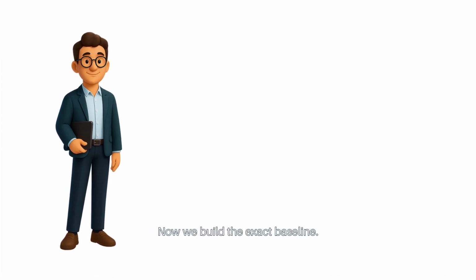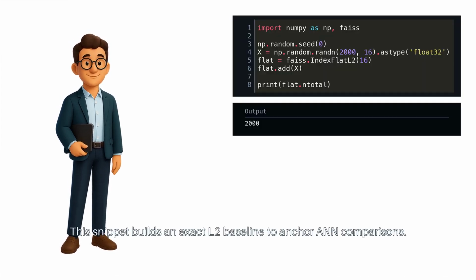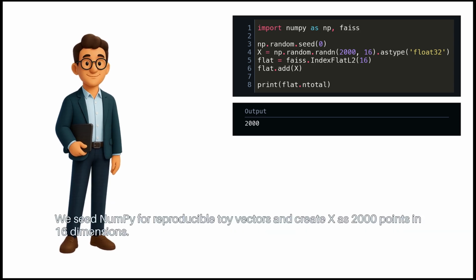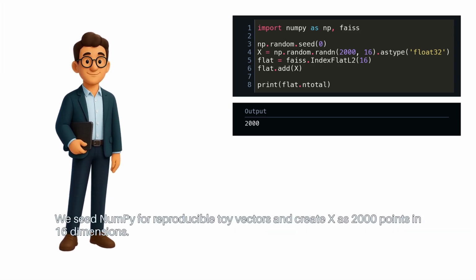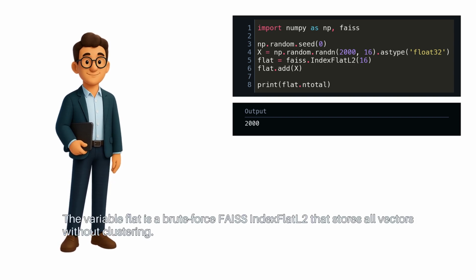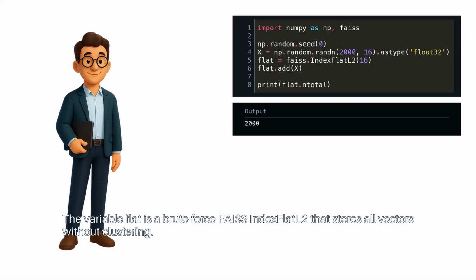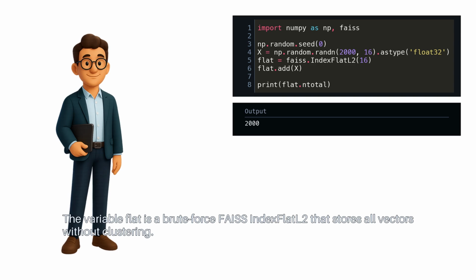Now we build the exact baseline. This snippet builds an exact L2 baseline to anchor ANN comparisons. We seed NumPy for reproducible toy vectors and create X as 2,000 points in 16 dimensions. The variable flat is a brute force FAISS IndexFlatL2 that stores all vectors without clustering.